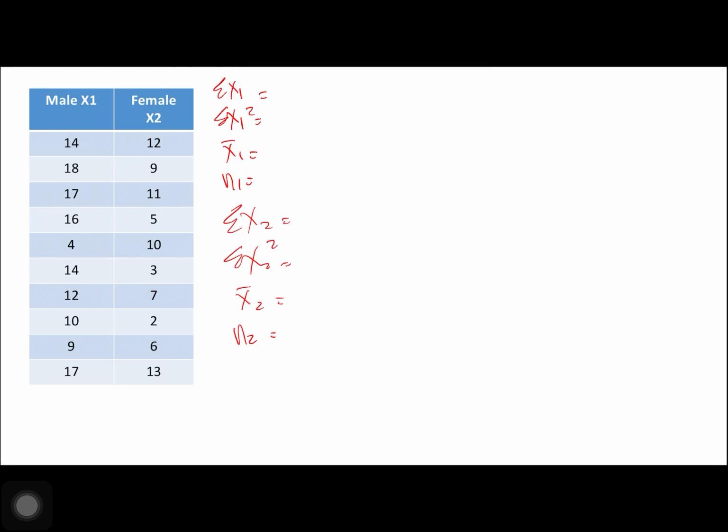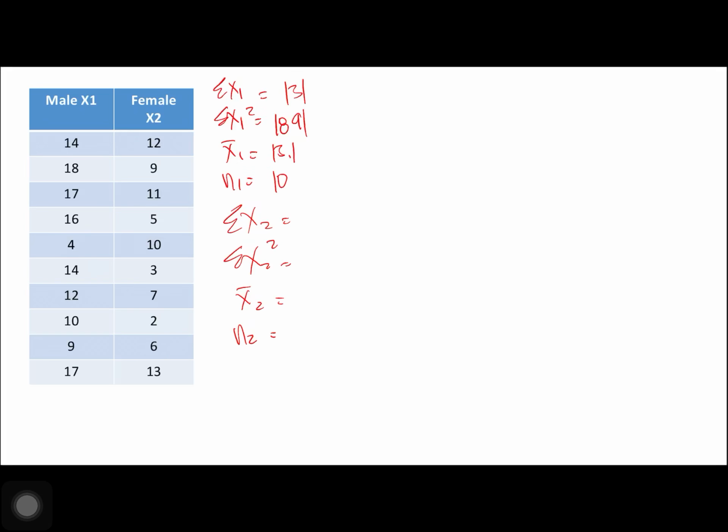Okay? We have here 131. We have here 1891. This is 13.1 and this is 10.